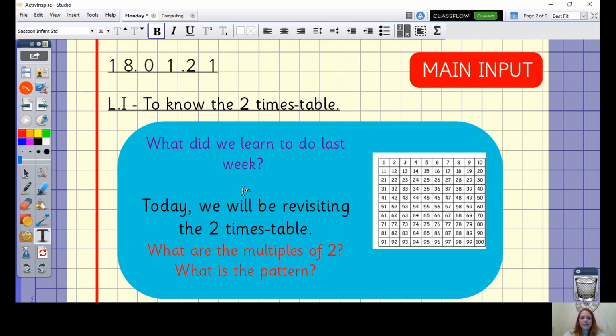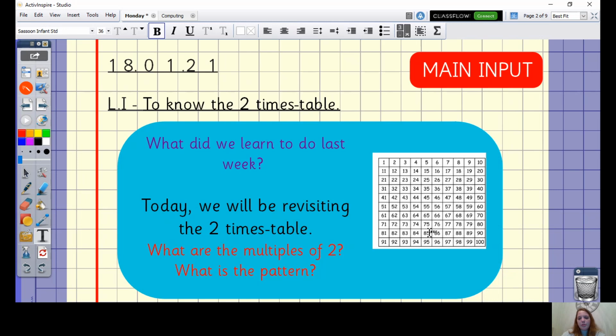Looking at our learning for today then. Today, we are learning to know the 2 times table. Now we've looked at the 2 times table quite a lot in Year 2 so far, but we're just going to be revisiting it and looking at those multiples of 2. So first of all, I want you to have a look at this 100 square.